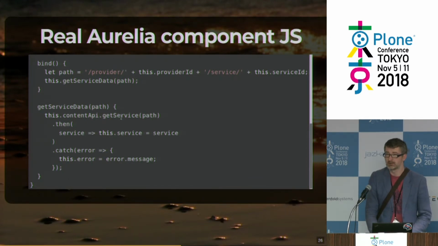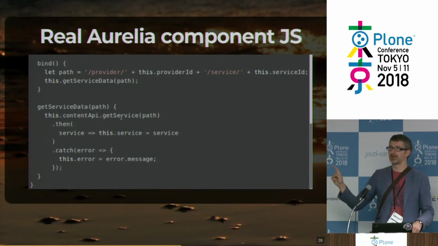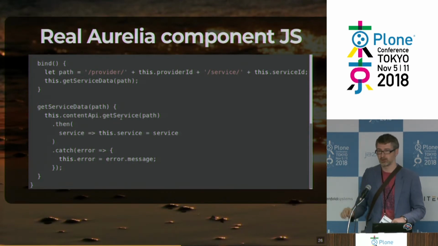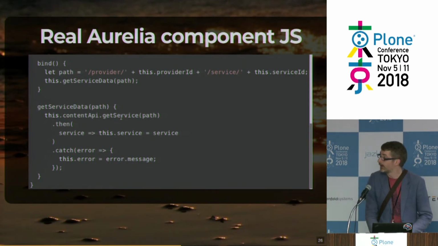Service is not the best naming here, because service is the service content we saw in the app, not the service as a functionality. This is just using HTTP fetch in the backend. It's modern; you can also use a little bit older way to do it, but this is pretty much standard.